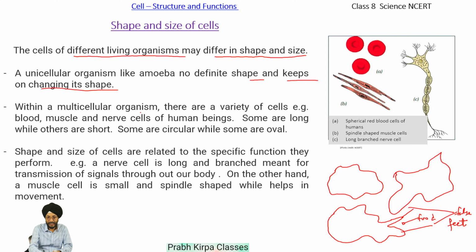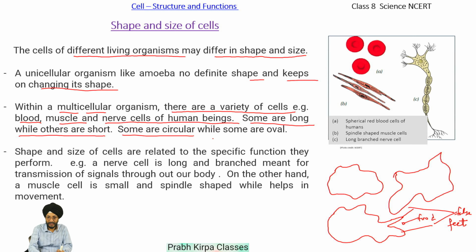Now a multicellular organism: multi means many, cellular means cells. That is an organism which has a large number of cells, that is more than one. There are a variety of cells, for example, blood, muscle, and nerve cells of human beings. Some cells are long while others are short.